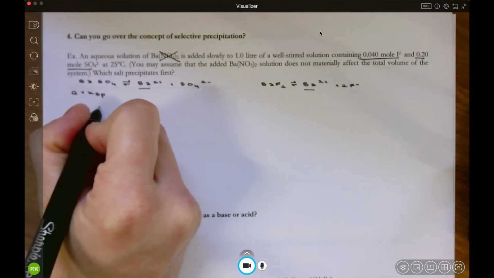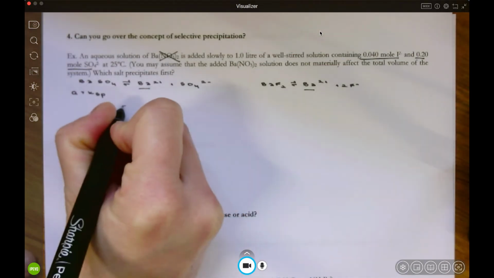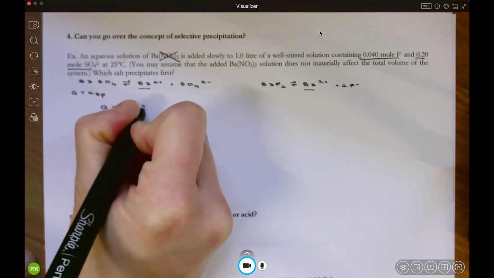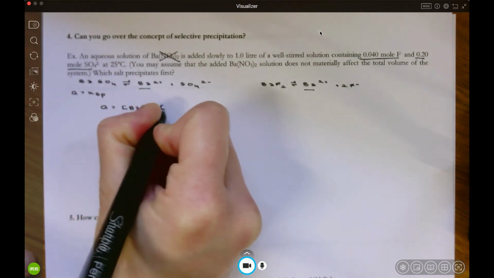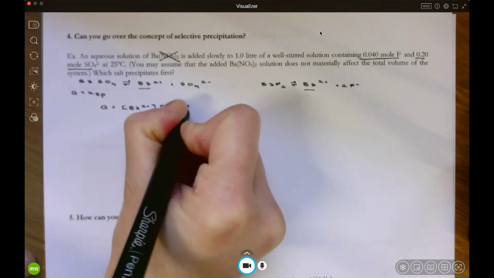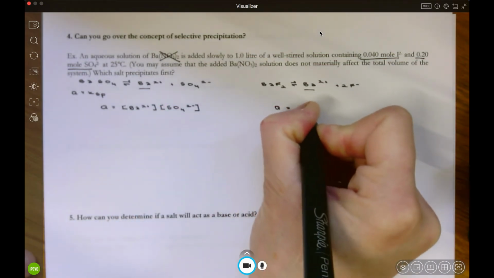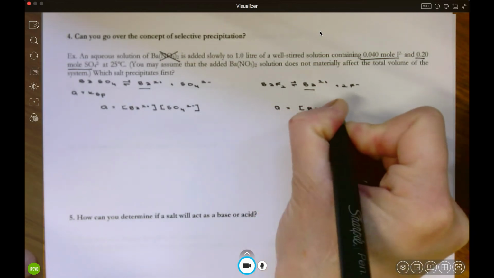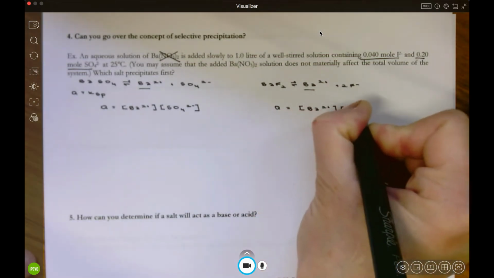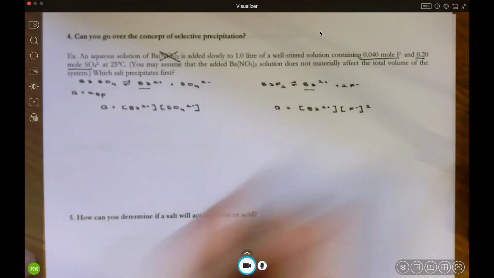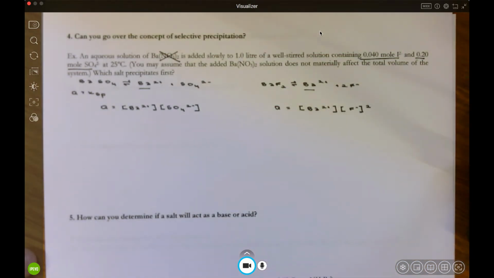Well, I know that my Q is going to be my concentration of barium ions times my concentration of sulfate. For this one, Q equals my concentration of barium ions again, times my concentration of fluoride ions, squared because it has a coefficient of 2. Now, I know my initial concentrations because I have 1 liter and then it tells me my number of moles.